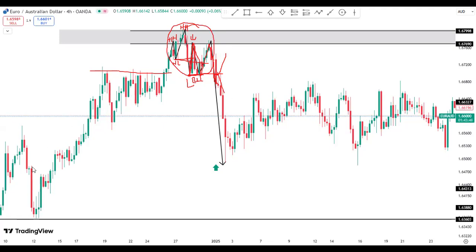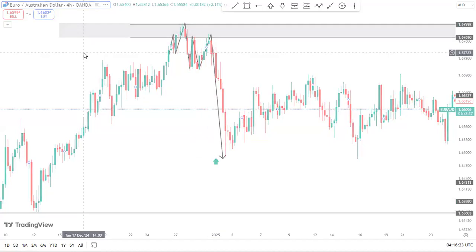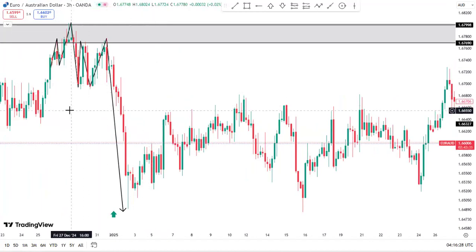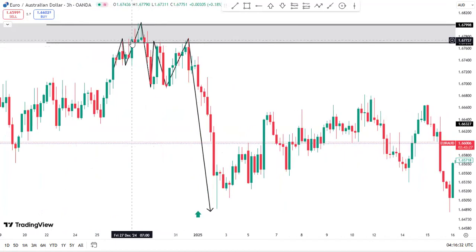Let's break it down to a smaller time frame. I'll go to 3 up until I reach 1 hour, or 30 minutes is fine. So let's check here. Let's zoom in here. If we go to a smaller time frame here, we're going to get a minor support and resistance here.